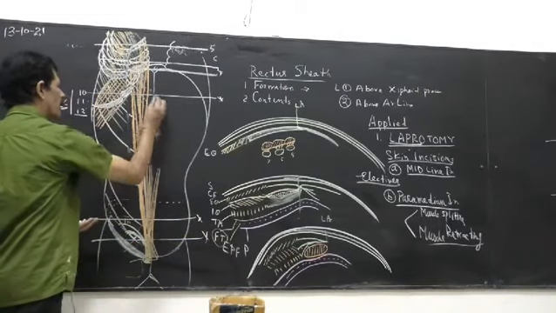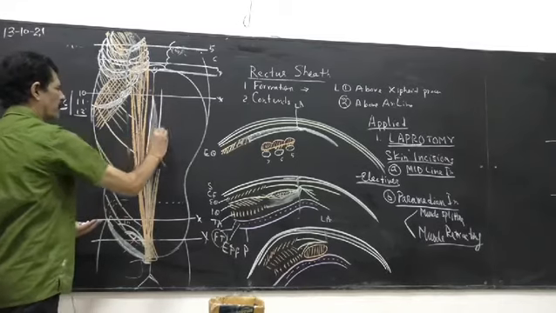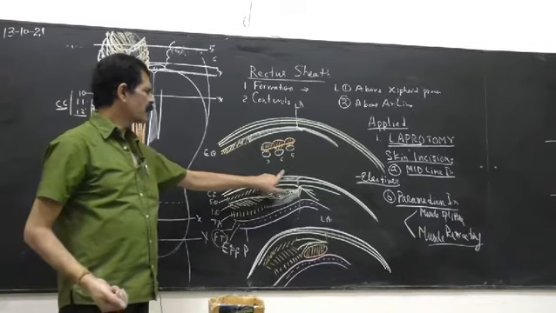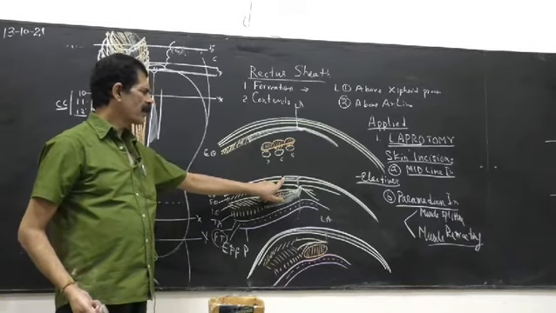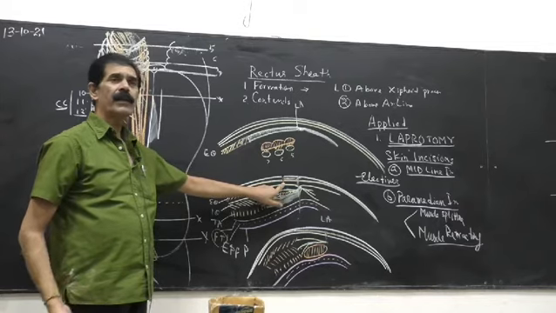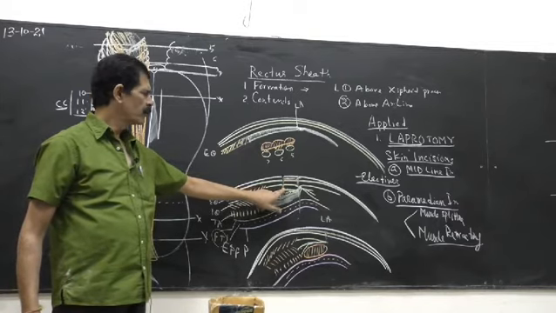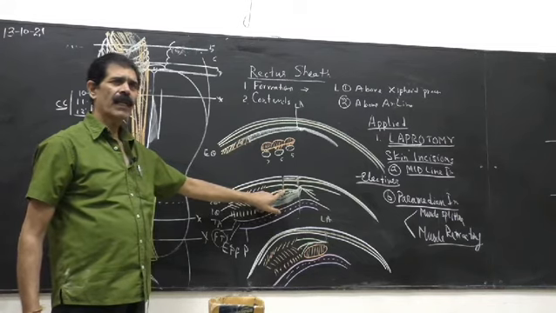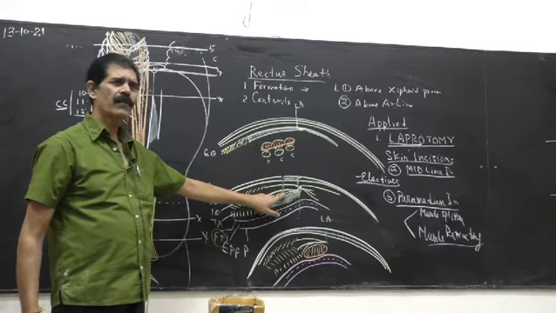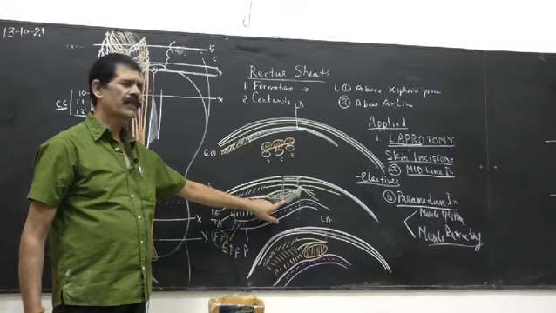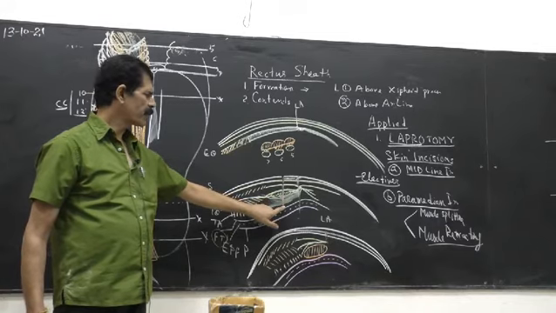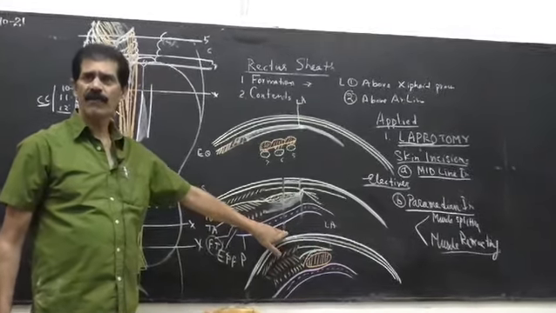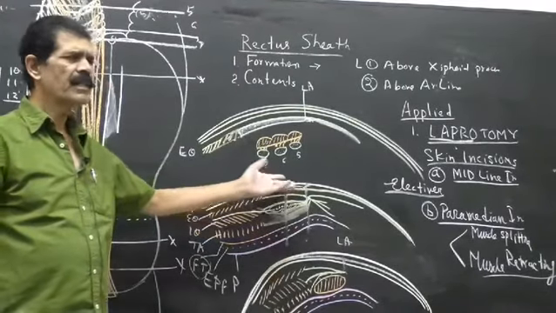We give paramedian incisions on the right side or left side. We cut the skin, we cut the superficial fascia, we cut the anterior wall of the rectus sheath. Then in the same vertical line, paramedian, we cut the rectus abdominis muscle. Then we cut the posterior wall of the rectus sheath. Then we cut the fascia transversalis and peritoneum, and we do the operation. We reach the abdominal cavity. Reversely, we will stitch them.